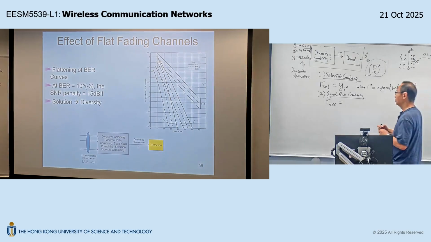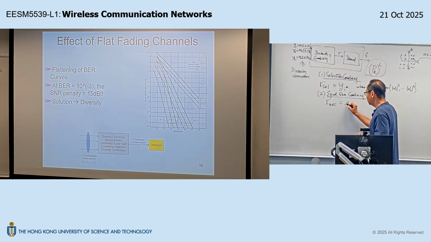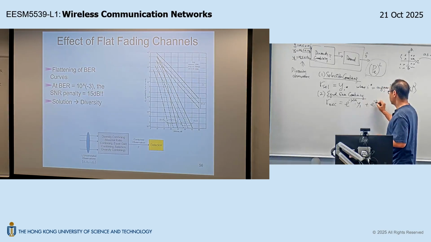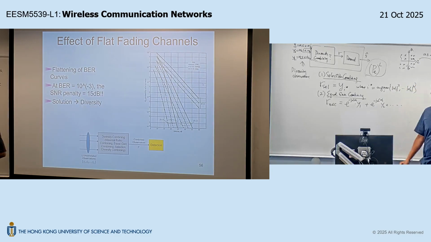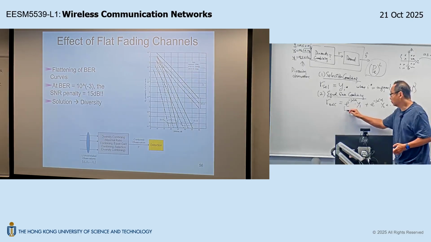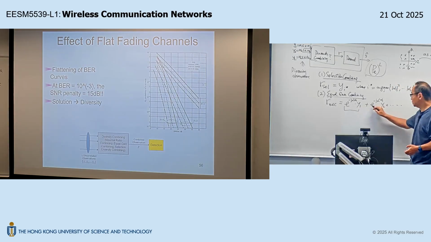So what you do is apply this e to the power minus j alpha 1. This is the phase derotation term, times y1, plus e to the power minus j alpha 2 times y2, etc. So this term is to derotate the basis. And after you derotate, then you add up this with this.